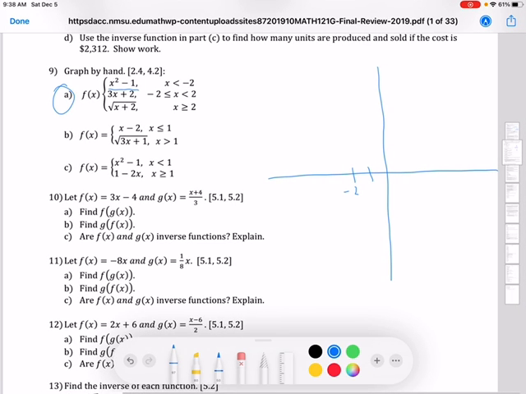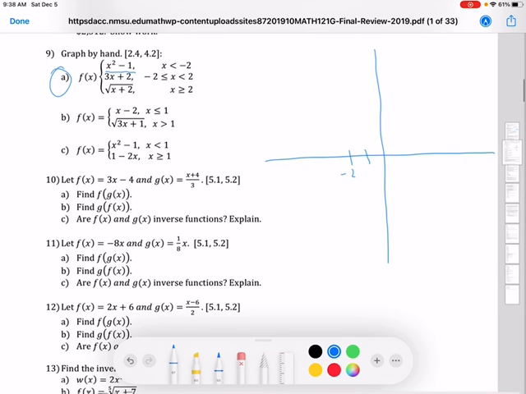So, if I plug in -2, I get 4 minus 1, and I get 3. So, -2, comma 3. This point should be open because it's less than, not less than or equal to, so it's open, and then everything to the left.